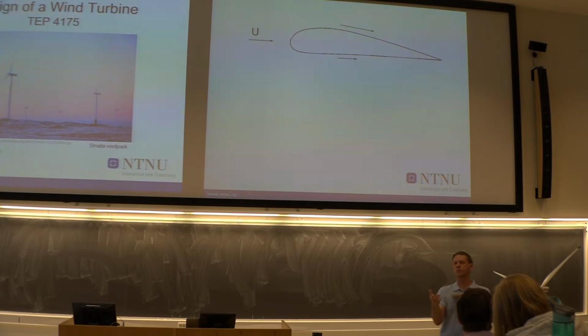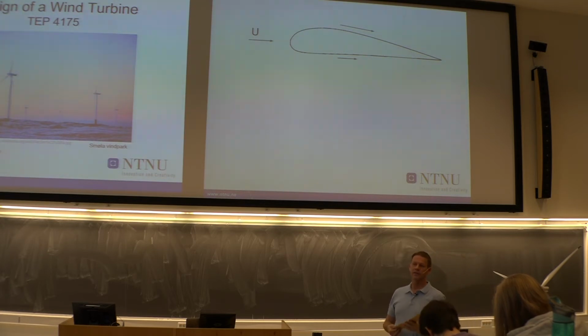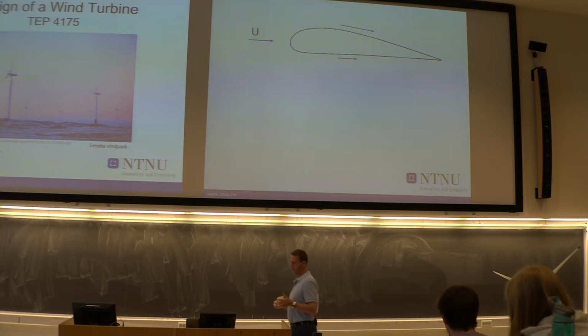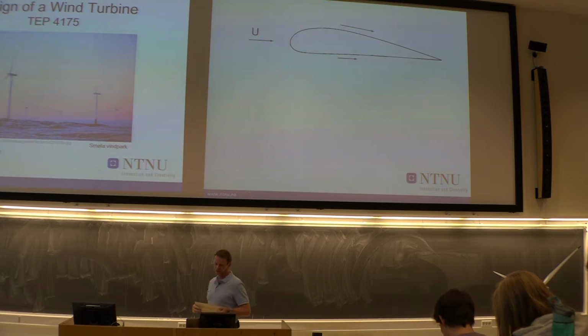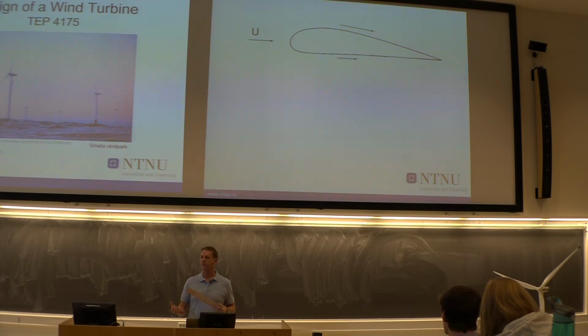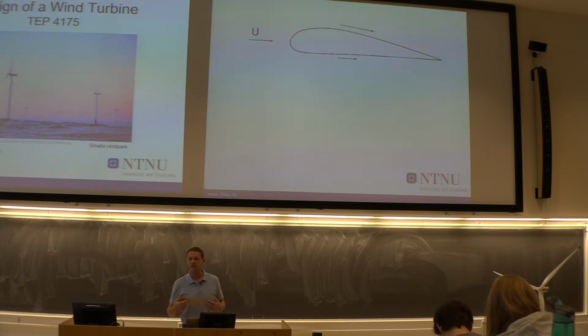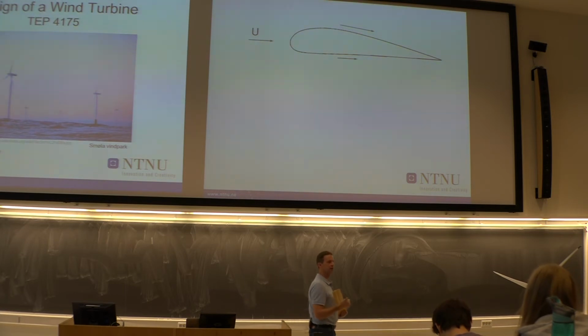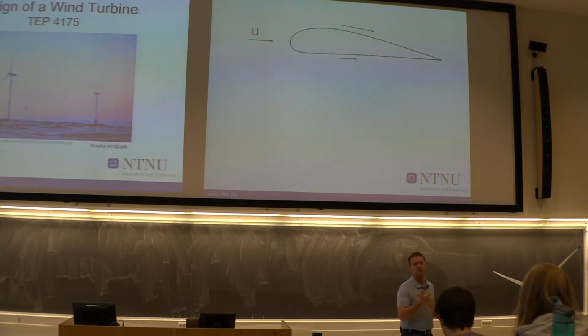Let's assume they meet at the trailing edge at the same time. It's not 100% true, but it's close. We are also assuming that these two particles have the same amount of energy. The energy we find here is either kinetic or pressure. Those are the two energy terms we are looking at.